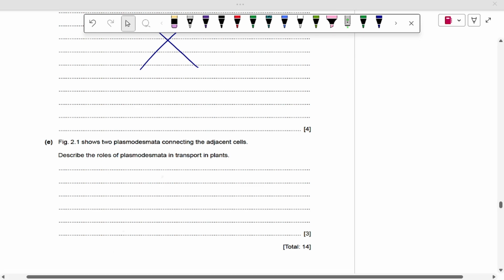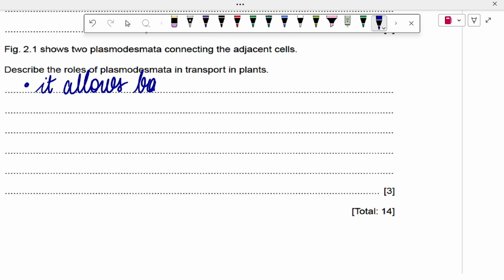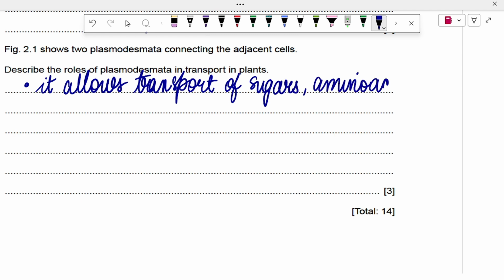But the ones that you already know from this chapter is it allows transport of sugar, amino acids, etc. It allows rapid communication between adjacent cells. ये दो pointer अभी आपको पता है for the role of your plasmodesmata.